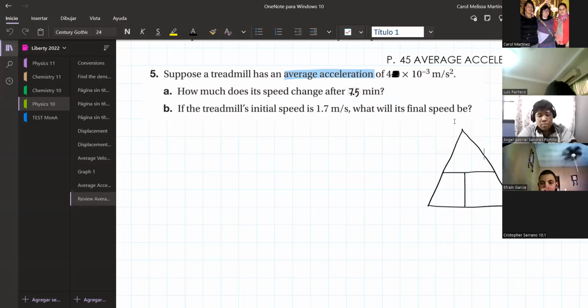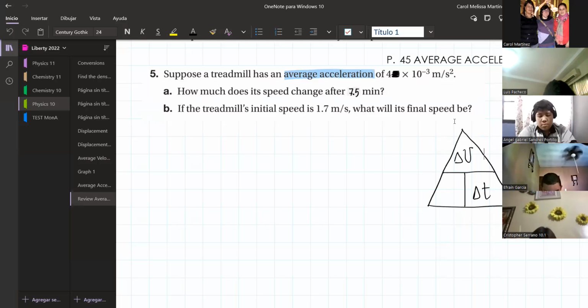For average acceleration, I need time, I need change in velocity, and I need acceleration, okay? So in the case here, they are giving me the acceleration, okay?